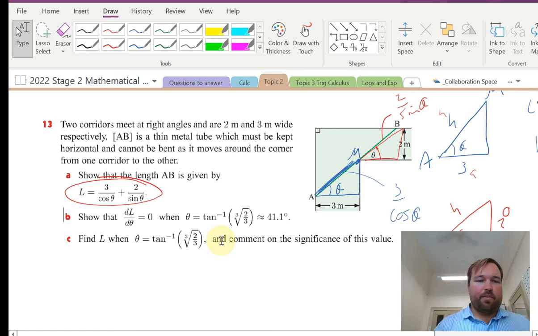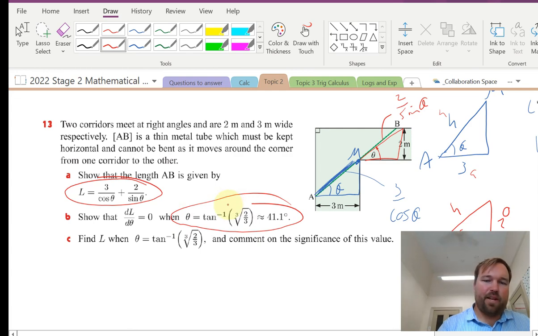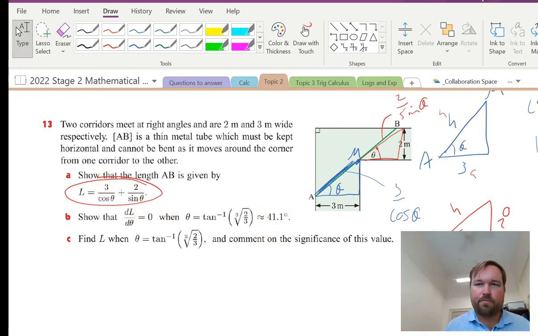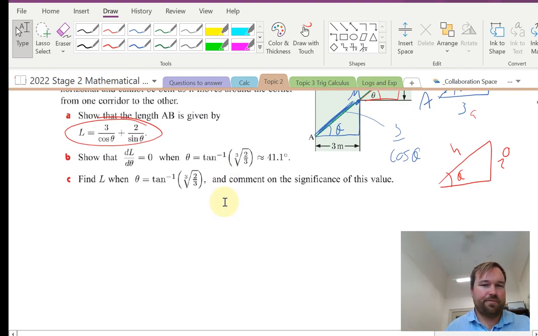Alright, next up. Show that dL on d theta equals 0 when theta equals that. And note, interestingly, they've got it in degrees, not radians. So make sure when we grab our calculator, we reset it to be degrees after. Alright. So, I just stepped aside and did it on a sheet of paper.